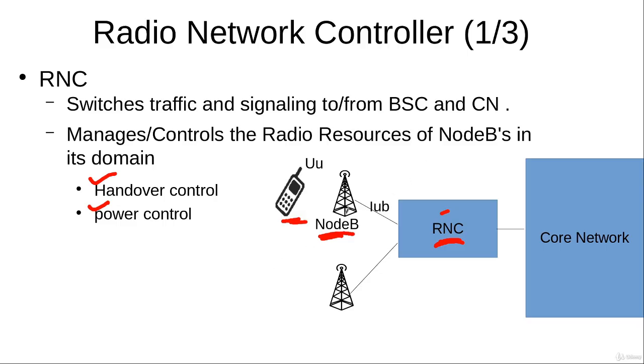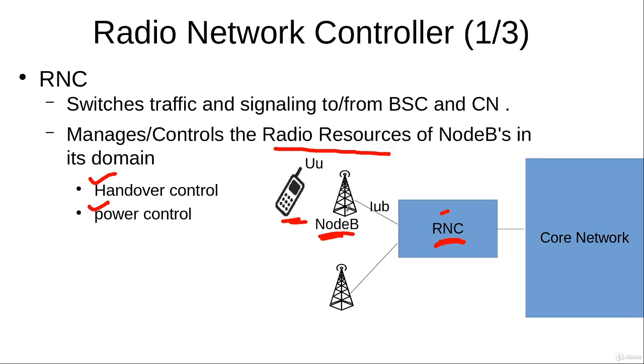So at what power this node B is going to transmit is also decided by the radio network controller. So basically, the radio network controller manages the radio resources of the node Bs, or in other words, it controls these node Bs.